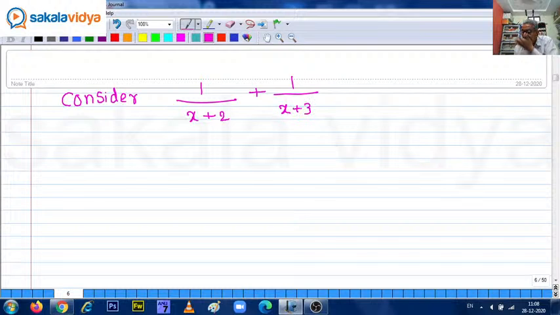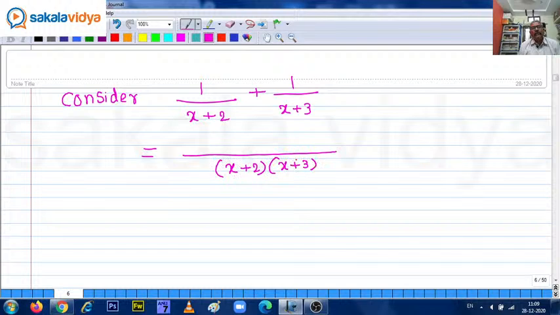What do you get now? If you add these two, x plus 2 into x plus 3 is the LCM. So now x plus 2 cancel, we have x plus 3, plus x plus 3 cancel, we have x plus 2. If you simplify this, you get 2x plus 5 upon x plus 2 into x plus 3.